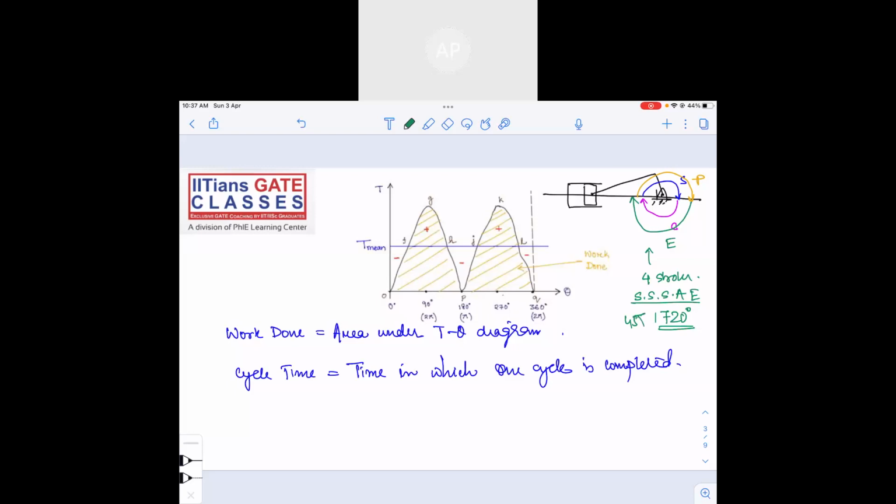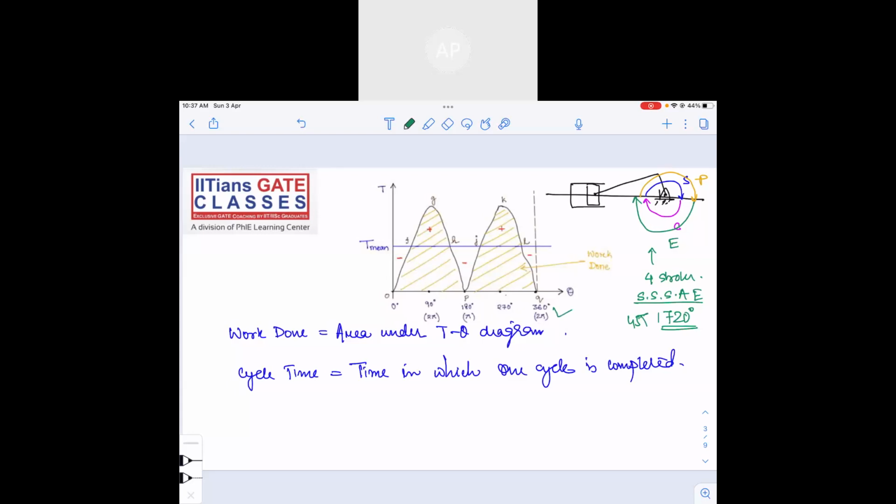Since this is a double acting steam engine, meaning both sides of the piston are being used, the cycle time will be half, that is 360 degrees. In 360 degrees it will complete one cycle.